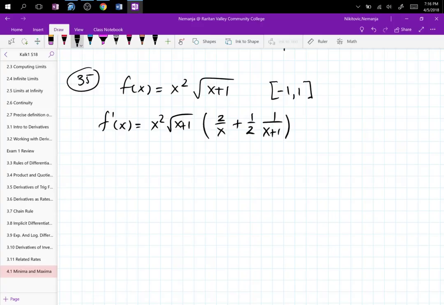Good. Exactly. Quick and easy. Oh, you didn't practice logarithmic differentiation? Well, that's okay. You did the long way. It's fine.